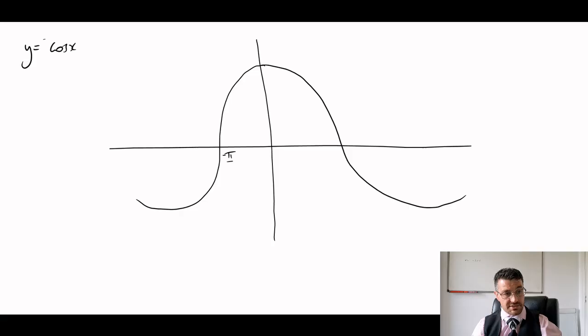So that's minus pi by 2, minus pi, 0, pi by 2, pi, minus 1, 1. And of course it continues indefinitely. So in this case, again, the function is not one-to-one.